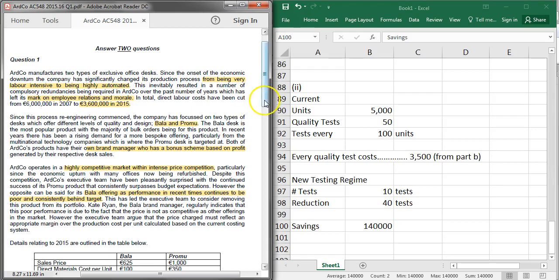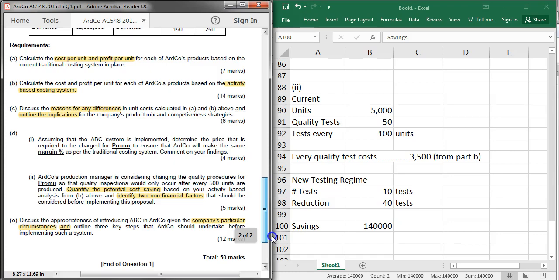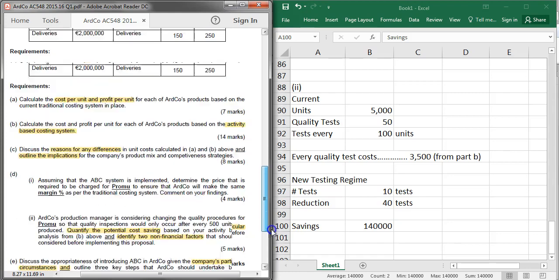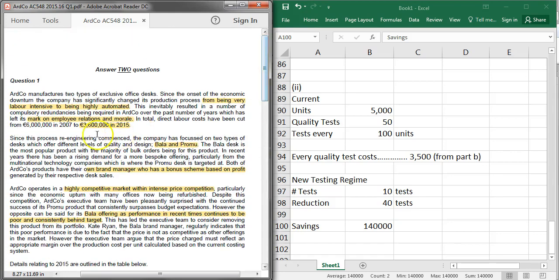Now, that's been caveated then by the second part, which is, what key steps should you undertake? Well, the first thing is to get your employees on board. There's a lot of changes over the last while, and employee relations and morale are probably at a low, so you have to make sure they're on board and they understand why these changes are taking place. Second thing is you need to realign your performance measurement.